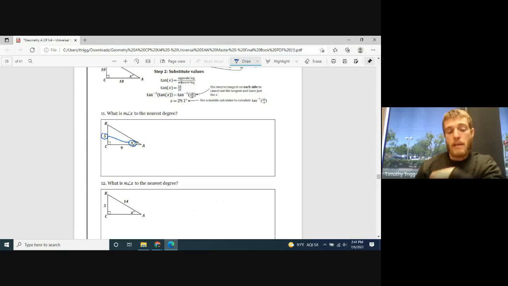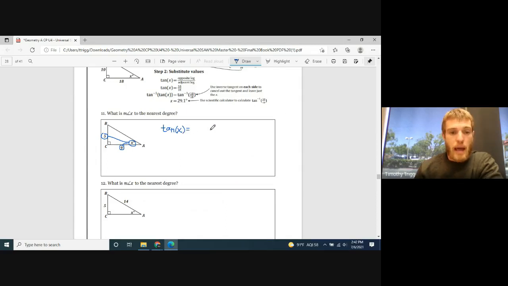The 9 is the adjacent leg. So we have opposite and adjacent. Which trig function involves opposite and adjacent? Hopefully you remember that that's tangent. Remember, tangent's the one that does not use the hypotenuse.